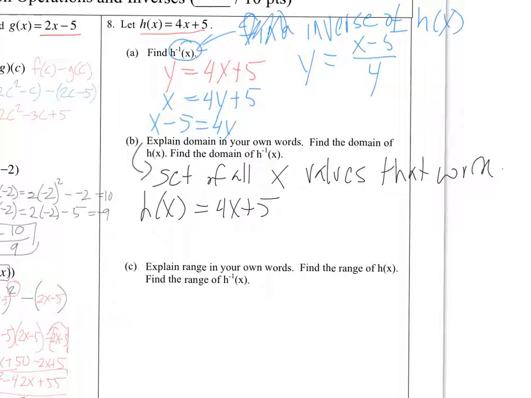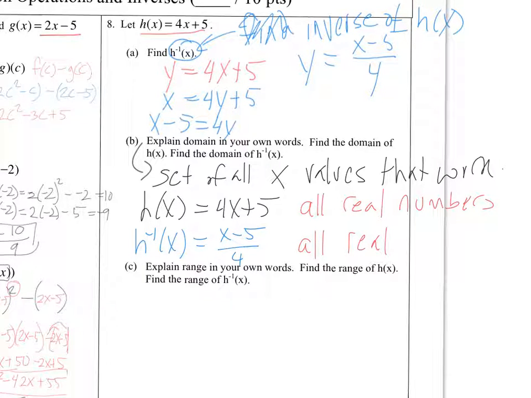In fact, any polynomial function that you have, the domain is going to be all real numbers. No matter what polynomial you have, the domain is all real numbers. There are no numbers you could plug in to break it. h inverse of x is going to be x minus 5 over 4. That's another line. Because that's another line, that's going to be all real numbers.